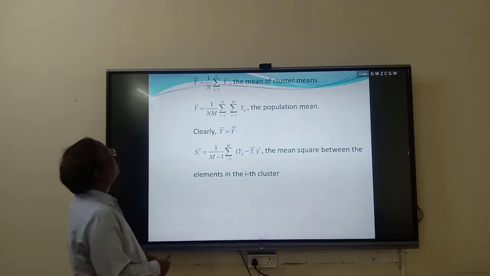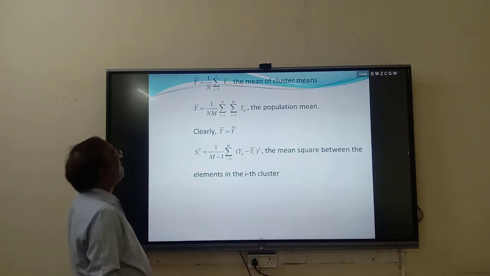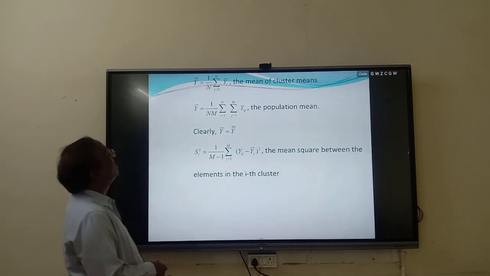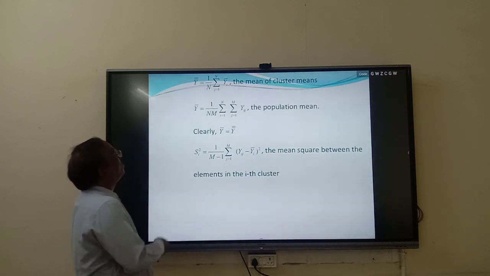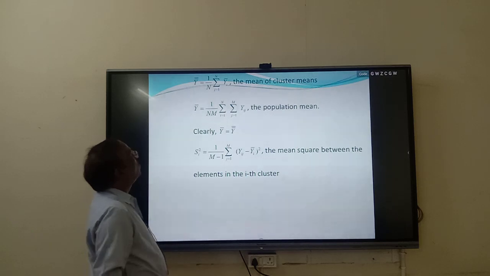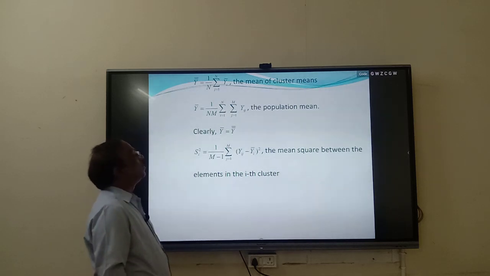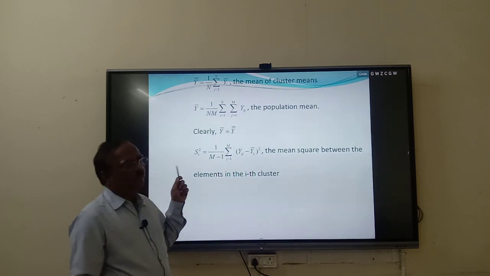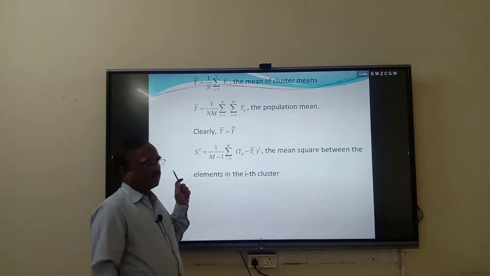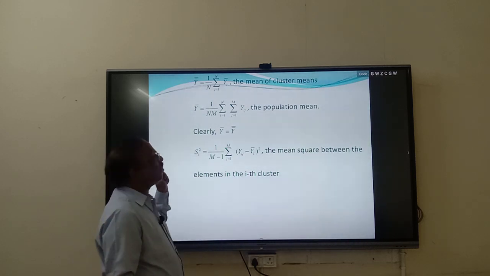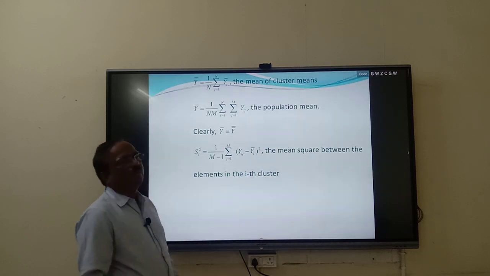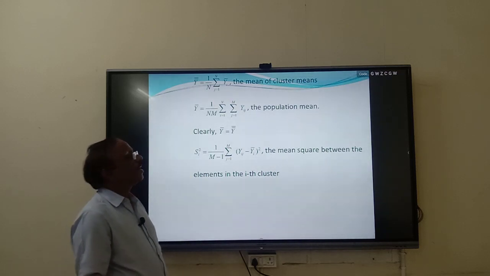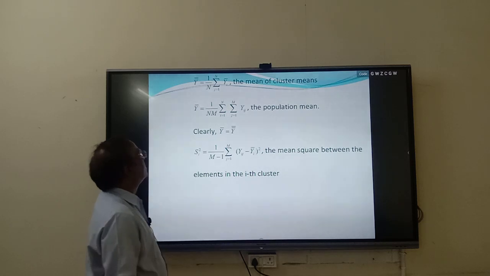Now we define y double dot bar, that is equal to 1 by n, sum i goes from 1 to n, yi dot bar. So yi dot bar is the mean due to the ith cluster, and so y double dot bar is the mean of cluster means.